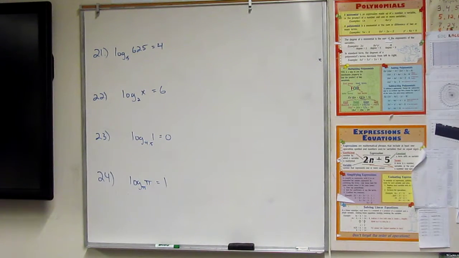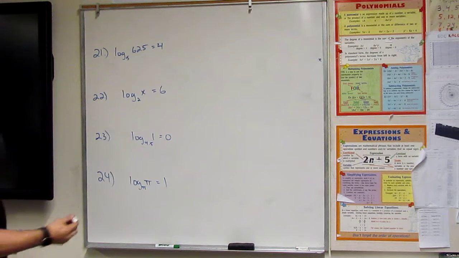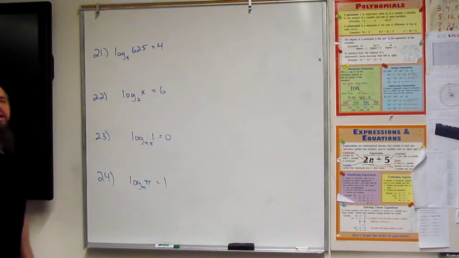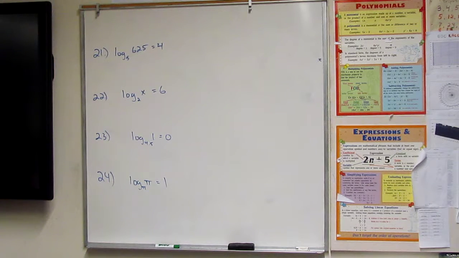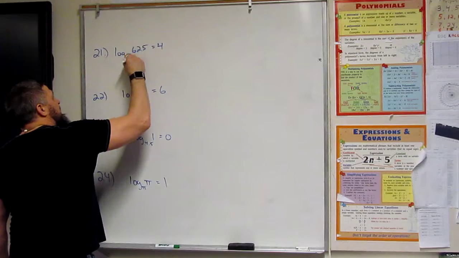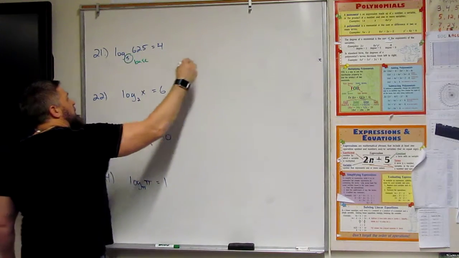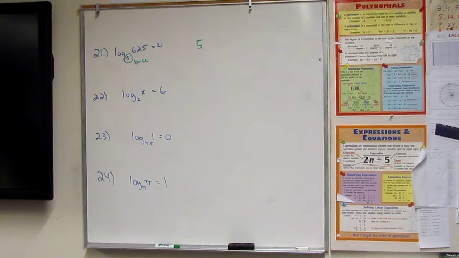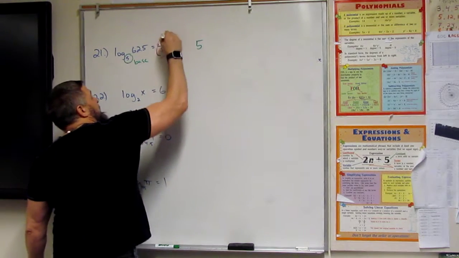What's this? Now we're going from log to exponents, right? So I need to know what's the base here. Is 625 or 4 the base? 5, right? So we have the base. So that means that's what I'm starting with, 5. What's the exponent? It's 4. Remember, a logarithm is an exponent.